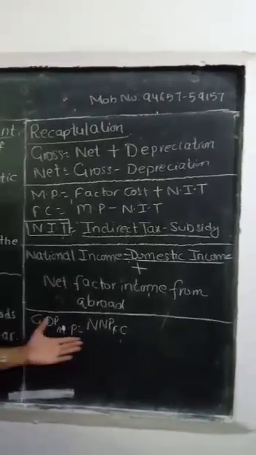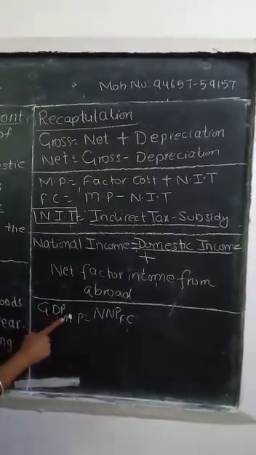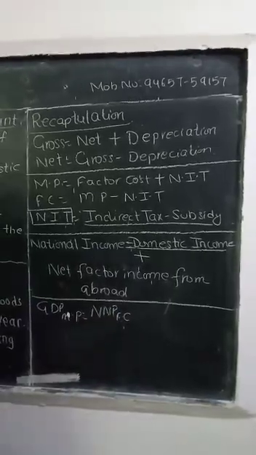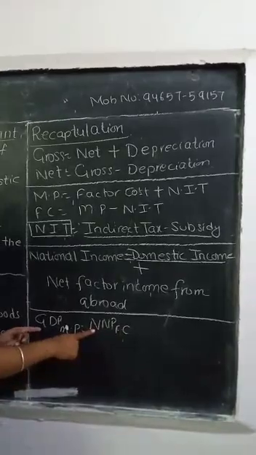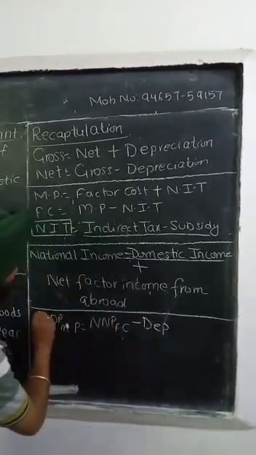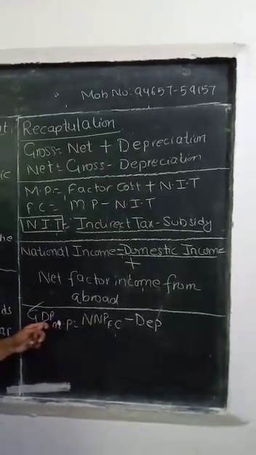There is a small question for your recapitulation that I have written: calculate GDP at market price from net national product at factor cost. How is it to be calculated? First of all, it is net and we need gross, so add depreciation and you will reach gross. Very easy. It is national and we need domestic.